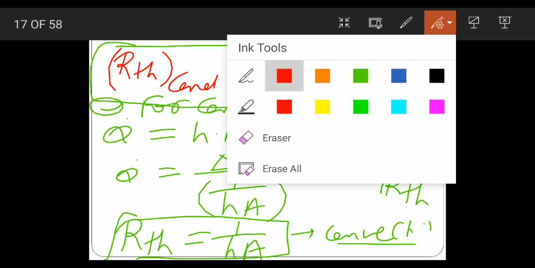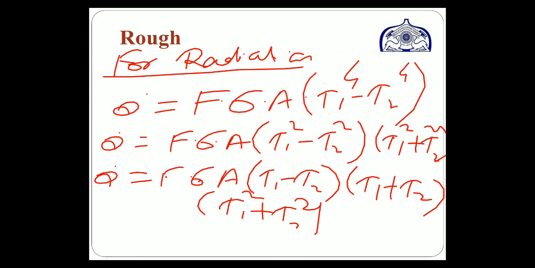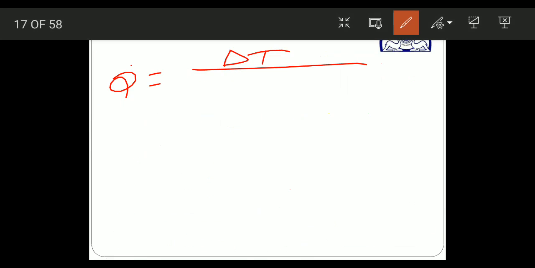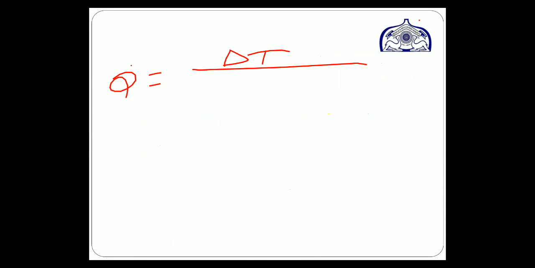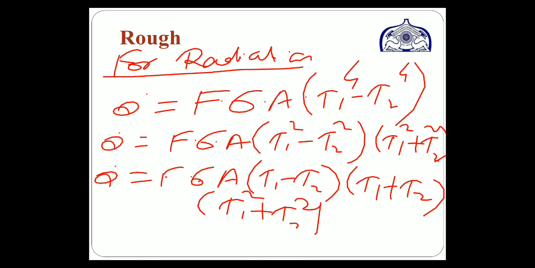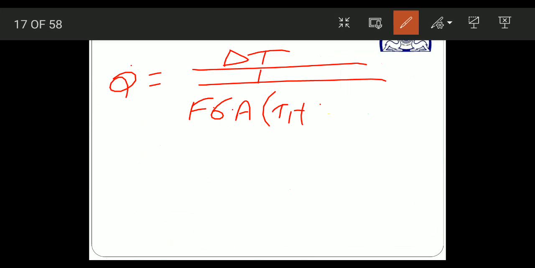So this can be written as Q is equal to delta T, that is T1 minus T2, upon 1 divided by F into sigma into A into (T1 plus T2) into (T1 square plus T2 square).